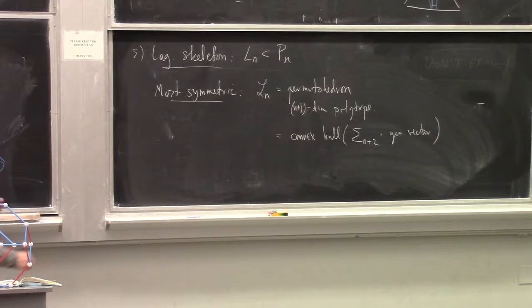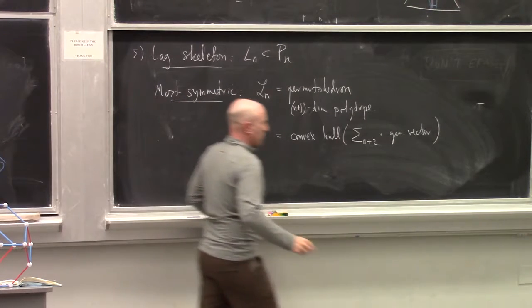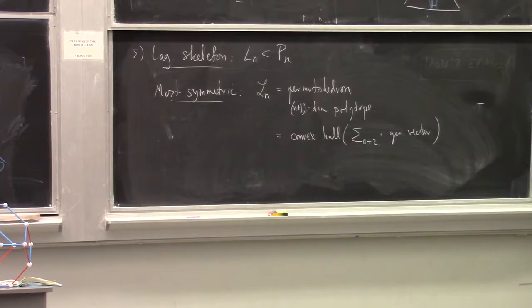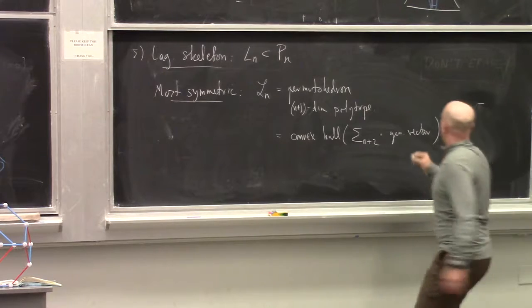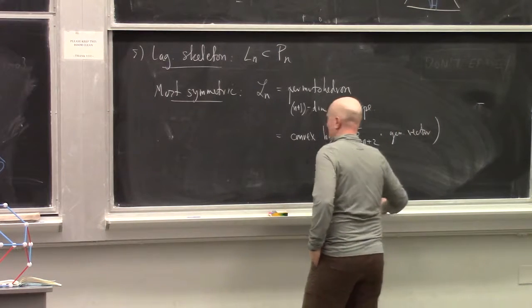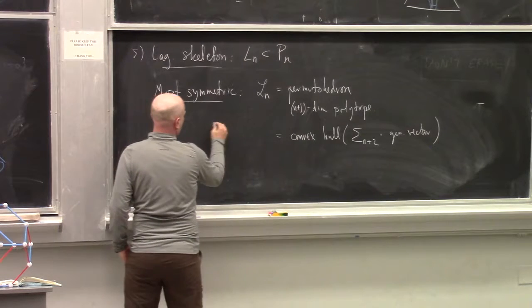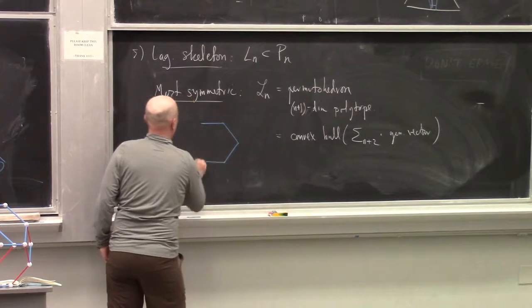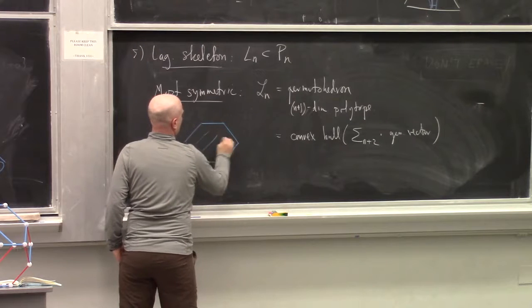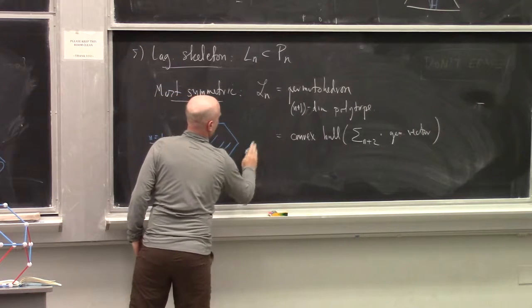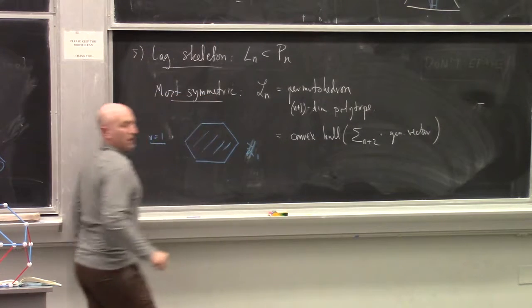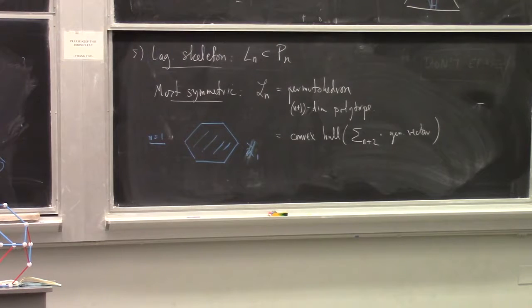Let me draw it in a couple of examples. For n equals 1, it's just a hexagon. So this is L1. I brought this because this is L2.